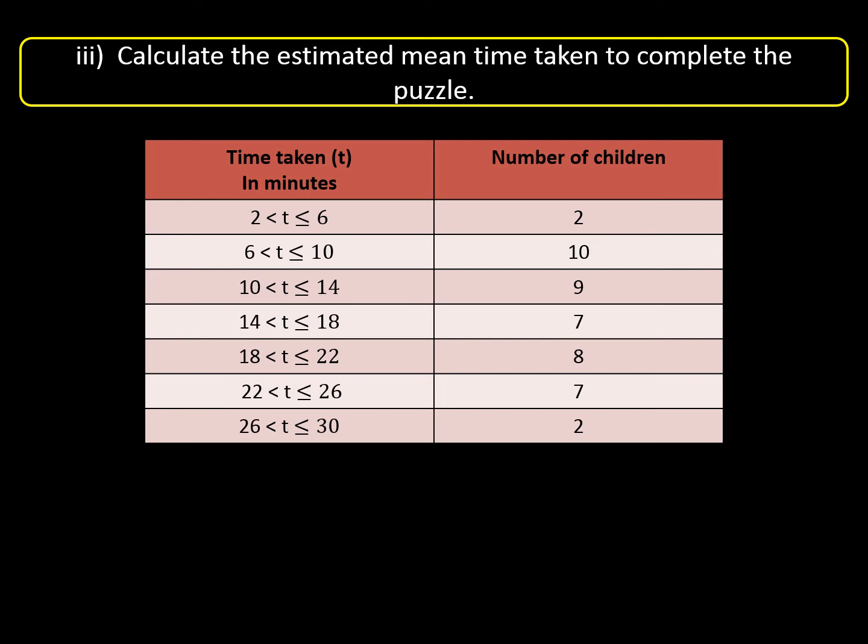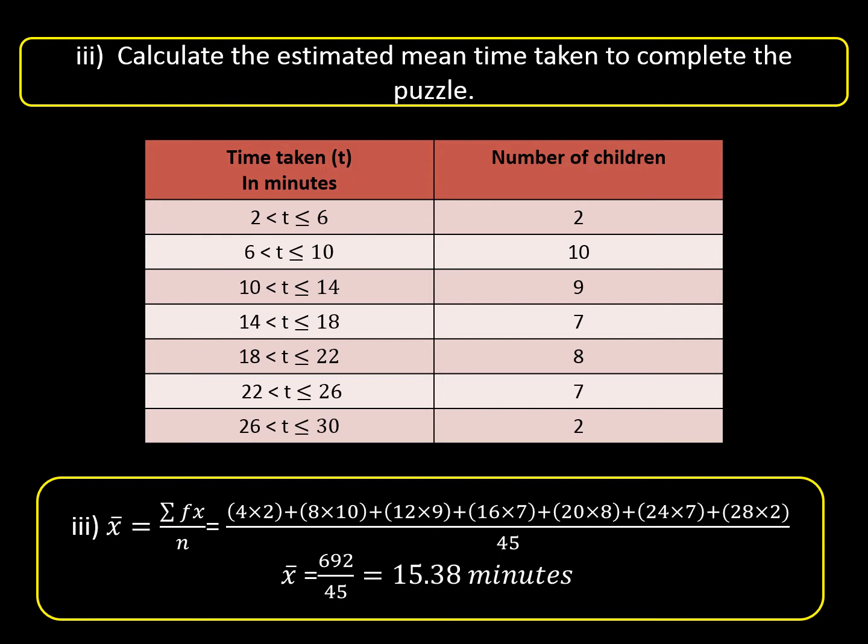We use the middle number of each interval. 2 to 6: 2 plus 6 divided by 2 is 4. 4 is the middle number there. So you multiply the middle number by the frequency, that is 2, and then you add all of them. So we can have a formula for mean equal to sigma, the sum of f times x.